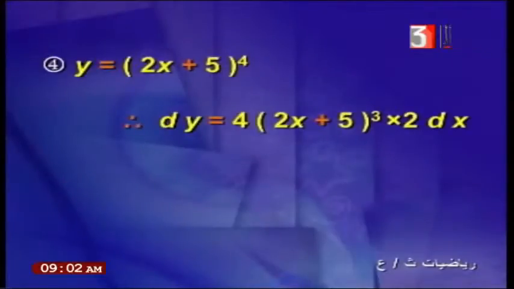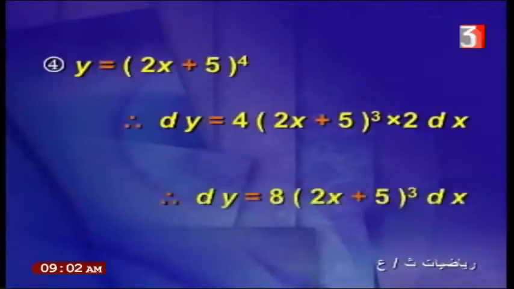The differentiation of 2x is 2 dx, and the differentiation of 5 equals 0. Then dy equals 4 multiply 2, which equals 8, times between two brackets 2x plus 5 all power 3 dx.